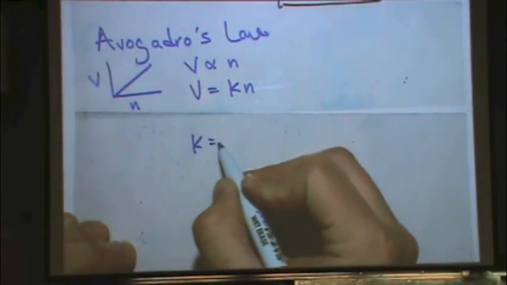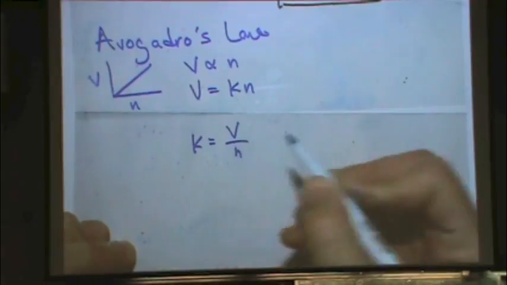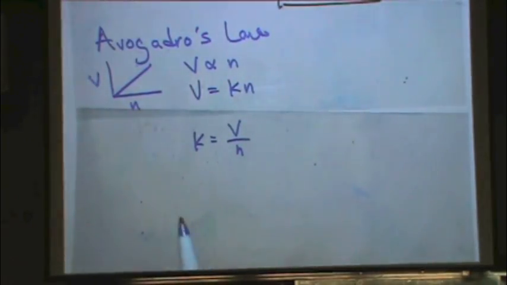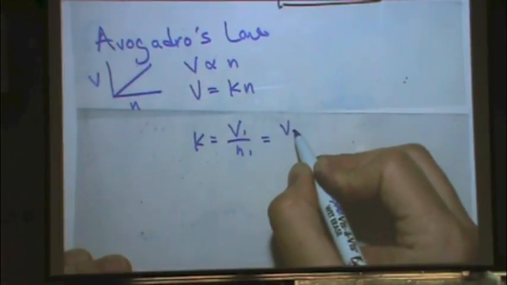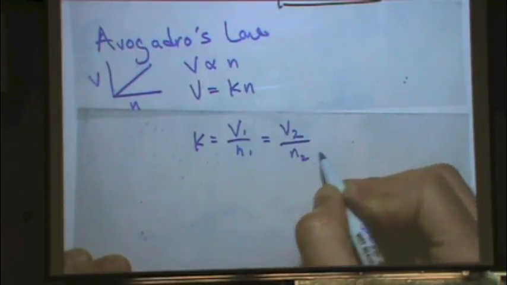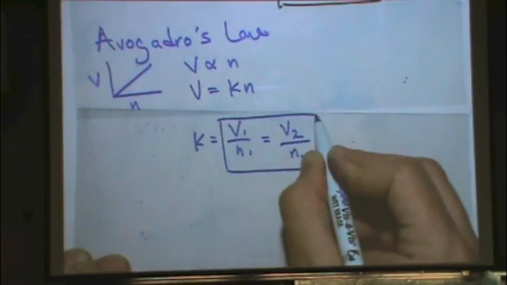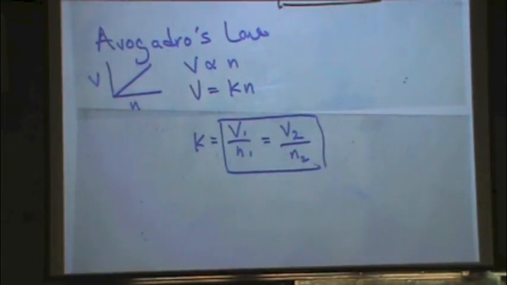So k is volume over moles, or if we make what's called Avogadro's law, again comparing two states, it would look like this. In this case, pressure and temperature, all that is constant.